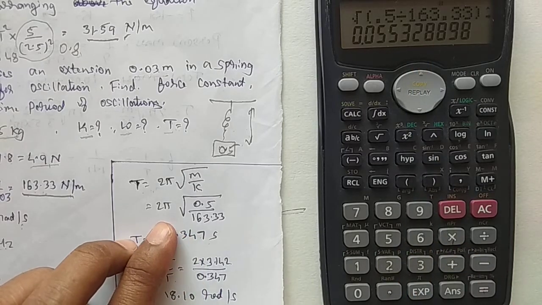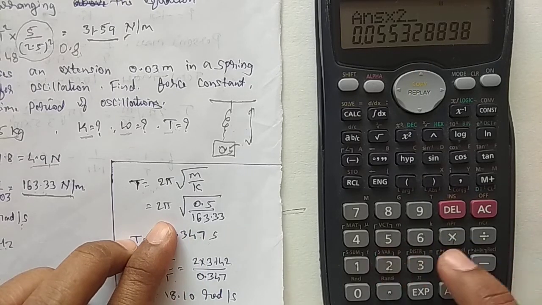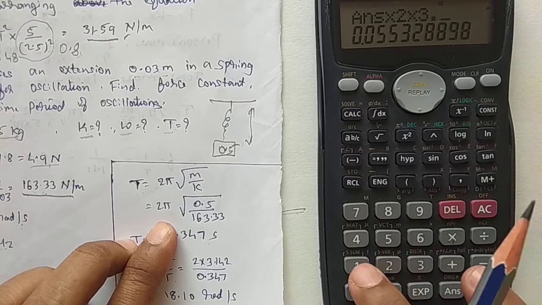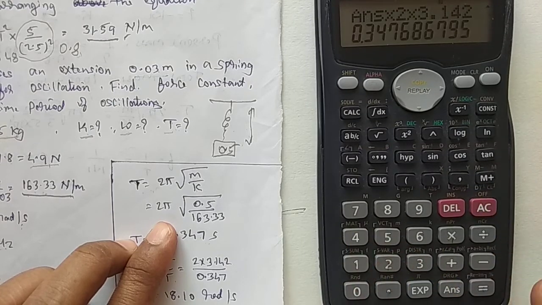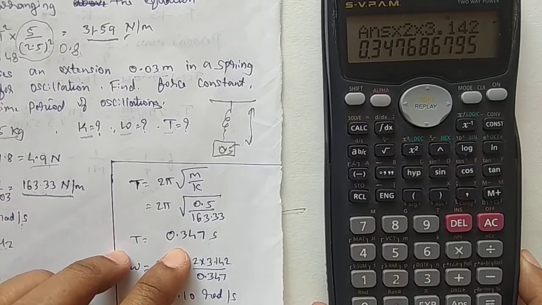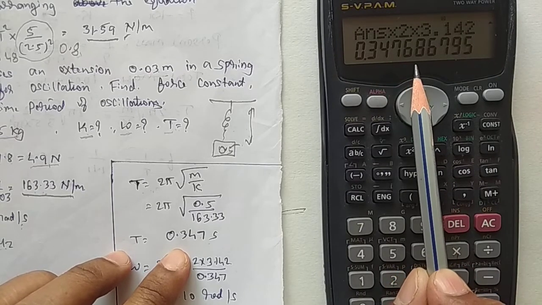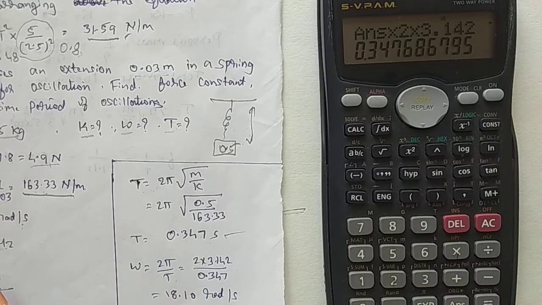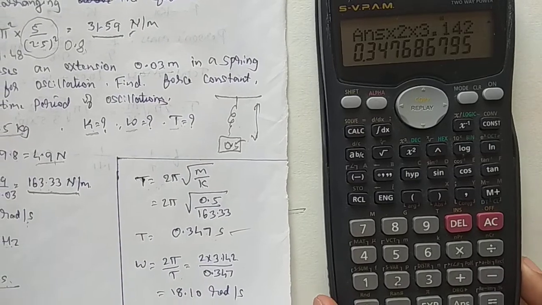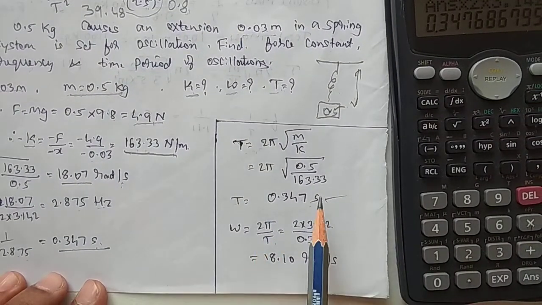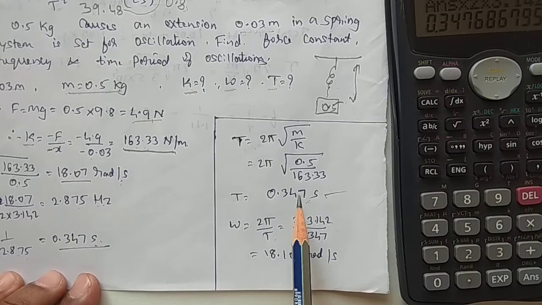This into 2 pi, that is 2 into 3.142. See, the answer is 0.3476. You can compare the answer with the previous one; they are one and the same.